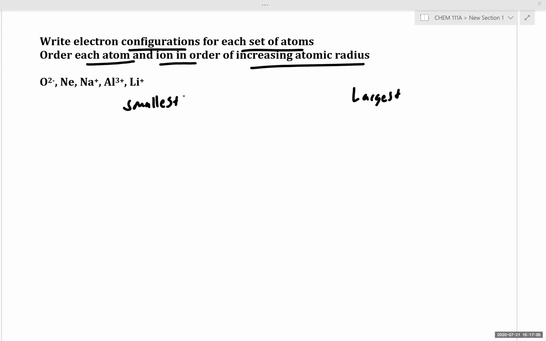And in general, remember that anions are substantially larger than neutral atoms, and cations are typically very substantially smaller than neutral atoms.